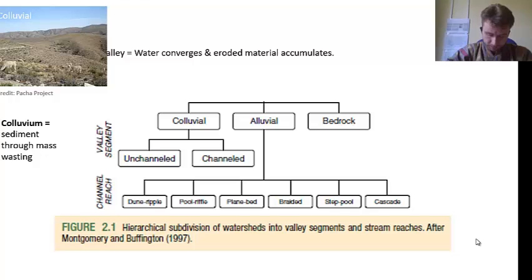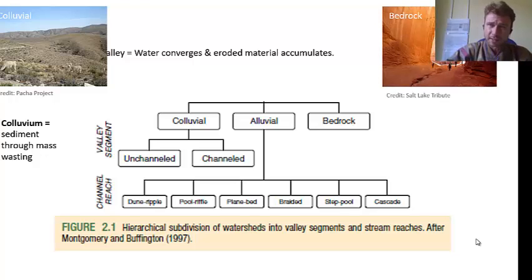And we have either unchanneled, which are like those soil-mantled hill slopes, or channeled colluvial valleys, which have just beginning headwaters of streams. So in these types of valleys, flow, if any, is very shallow and ephemeral at different times, intermittent.